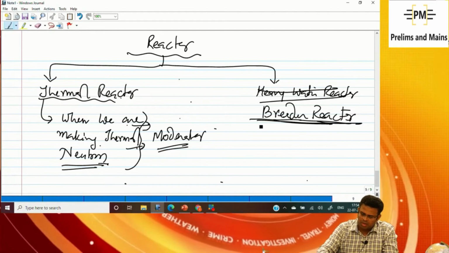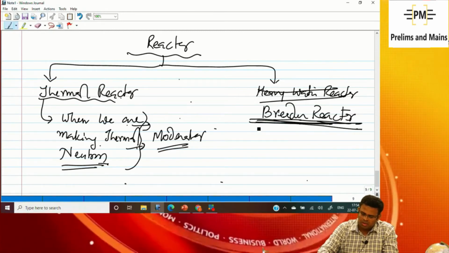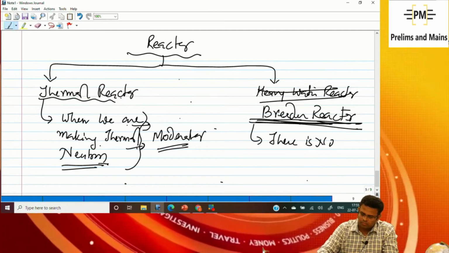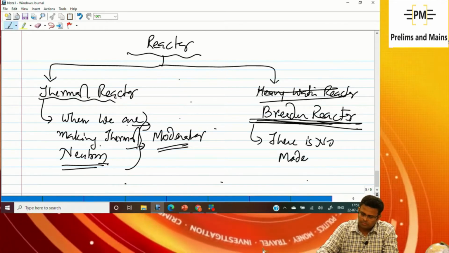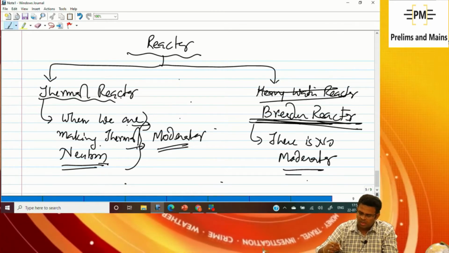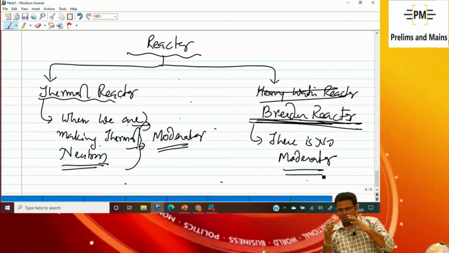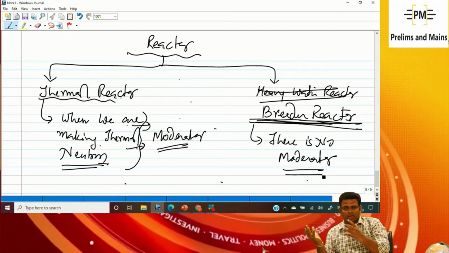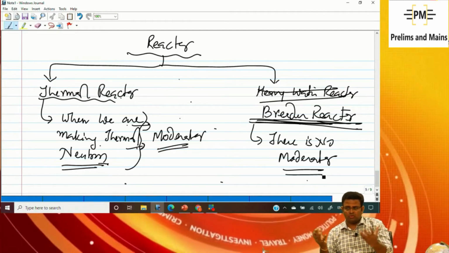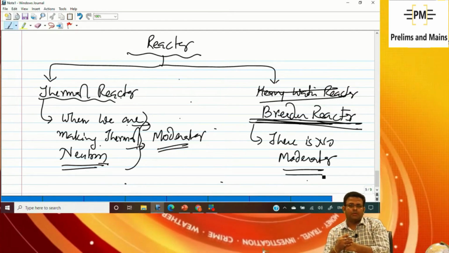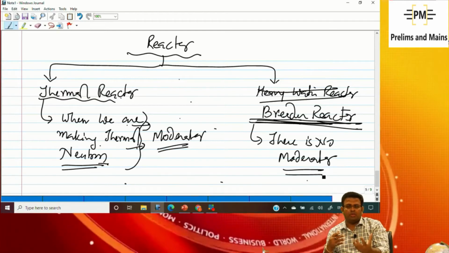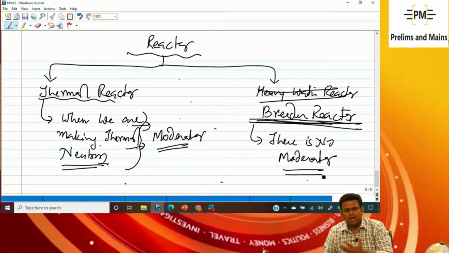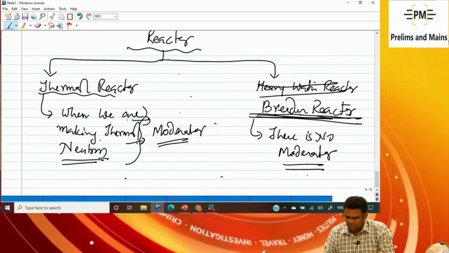Next, if I am talking about a breeder reactor, there is no moderator. Breeding, perhaps you have some idea, means the mutation of two different species to give new breeds, something like this. But I am going to take another thing.